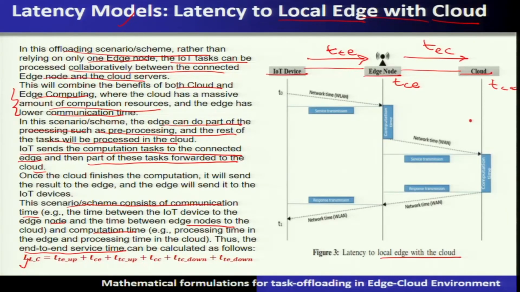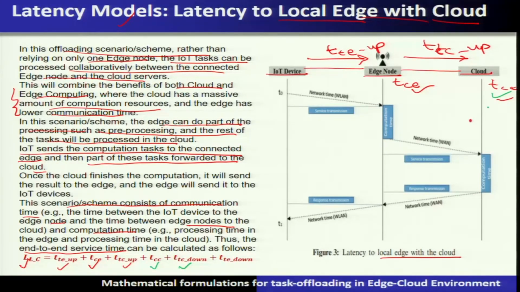So latency in a local edge with a cloud is nothing but the time from IoT devices to the edge node in the uploading, the computation at the edge node, plus the time for the edge node to upload the computation to the cloud, that is TC upload, and then the computation at the cloud, that is TCC, and then the downloading.